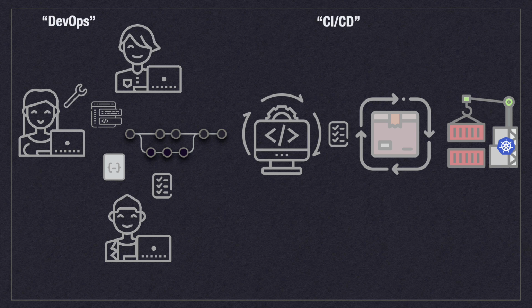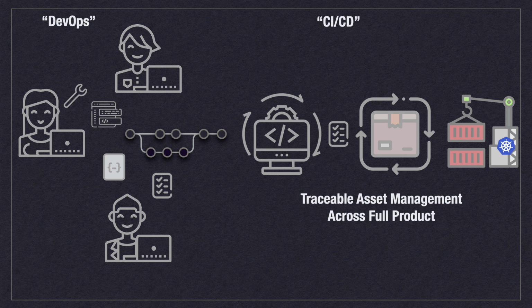So as a result, what you get is traceable asset management across the full product, and it becomes much easier to manage all of your software assets.